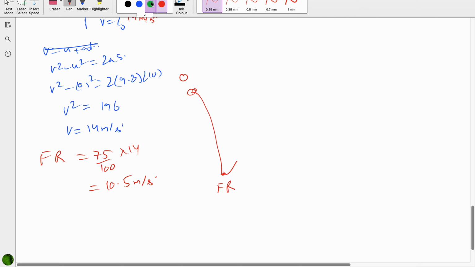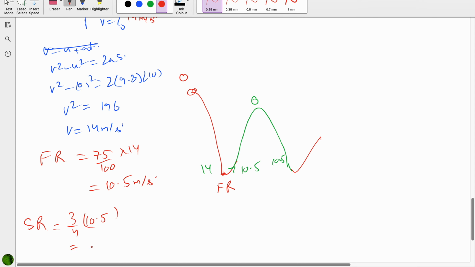Speed here was 0. Speed before it hits was 14. Speed with which it left is 10.5. Considering no energy losses, it reaches a speed 0 right there, and it should hit the ground with 10.5 again. And the second rebound is 3/4 of 10.5, which is 7.875 meters per second.